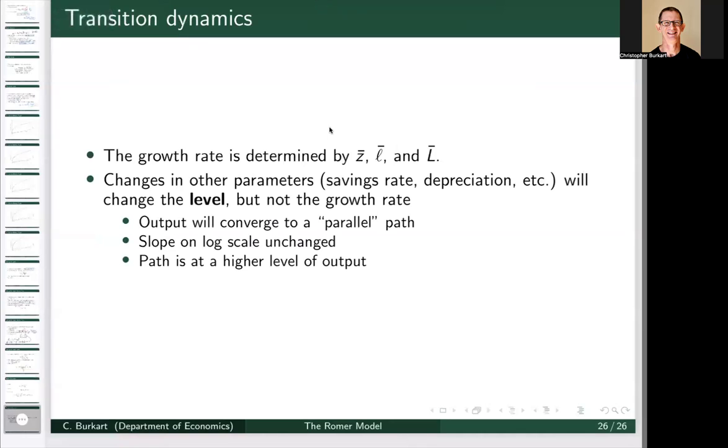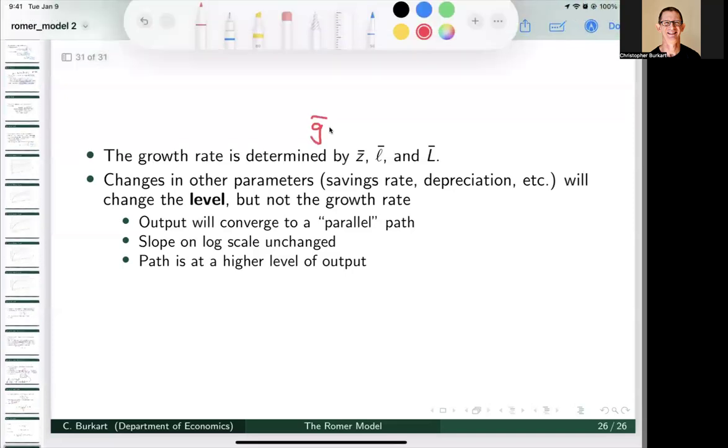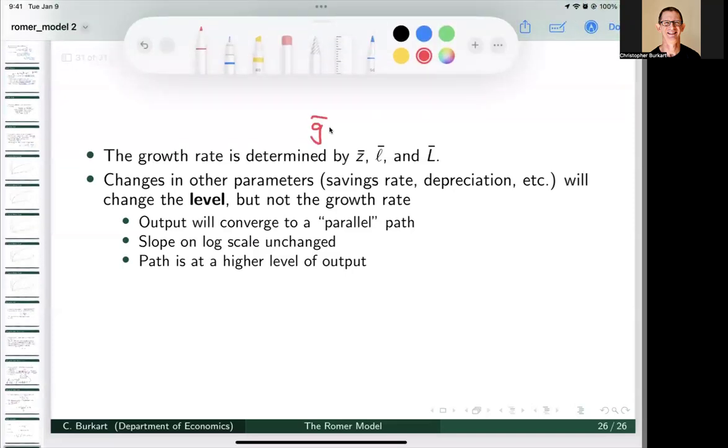So the idea, and we'll do some work with this in class, is that we'll do some examples here, or I'll give you some examples to work with. But the overall growth rate, remember, that G bar is just determined by these exogenous factors. All those other pieces like S bar and D bar and some of these others are not going to change the growth rate. The growth rate is totally determined by these three.